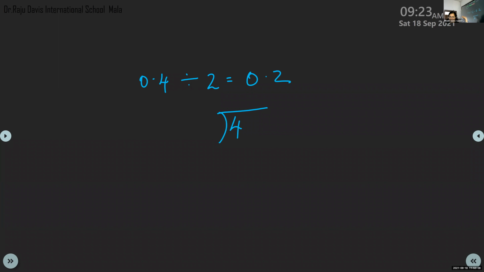Simply divide the decimal as a whole number by the denominator. 2 twos are 4, 0 balance. So you got 2 as the answer. How many decimal places? Only 1 decimal place. So in the answer also 1 decimal place should come.